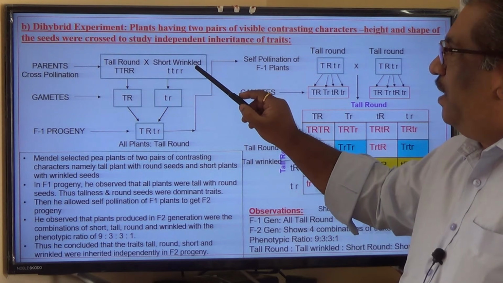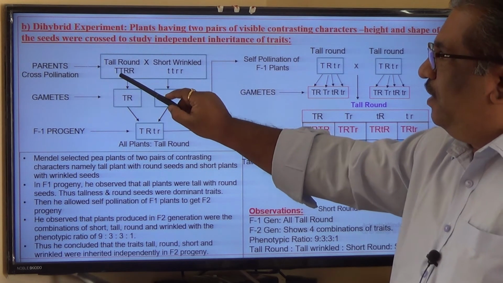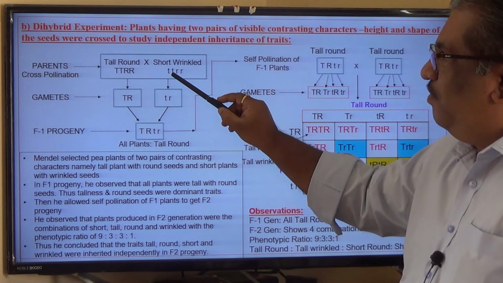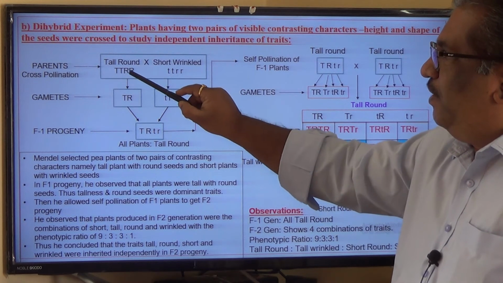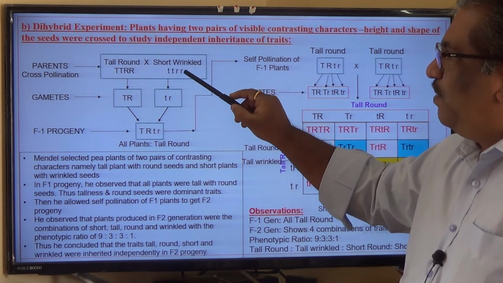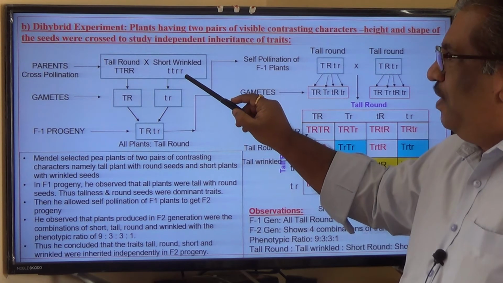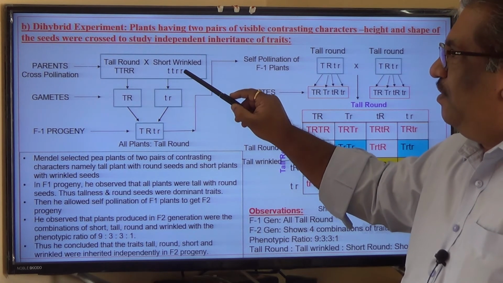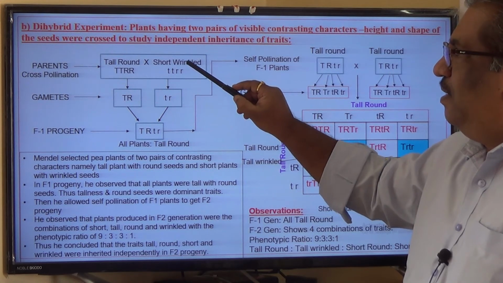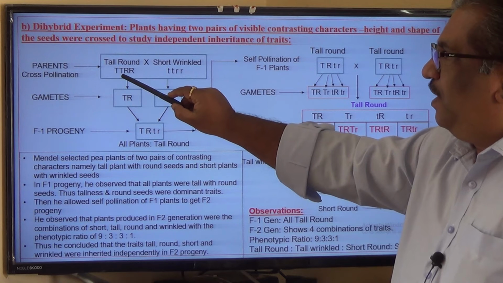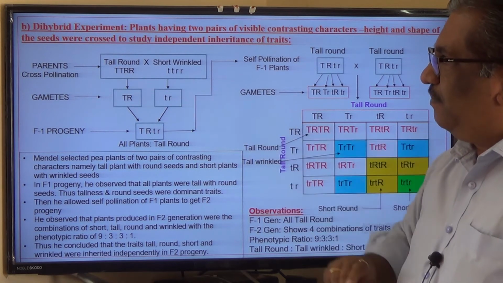Short and wrinkled: the contrasting character for tallness, capital T, is small t, which is shortness. And if we represent capital R for round, then wrinkled seed should be represented by small r. So small t, small r is the representation for short and wrinkled plant, and tall and round seeded plants were represented by capital T, capital R.